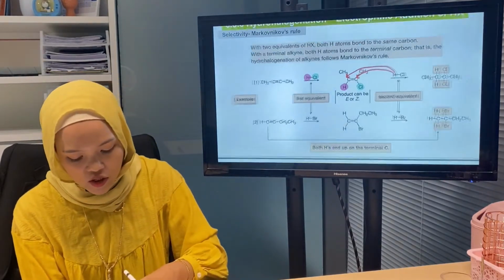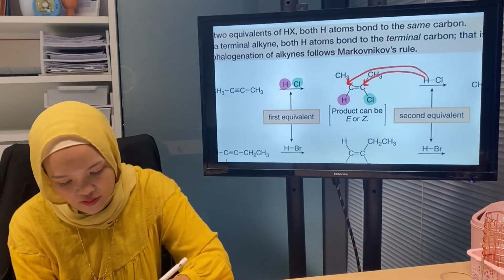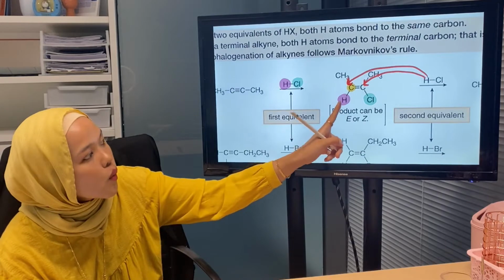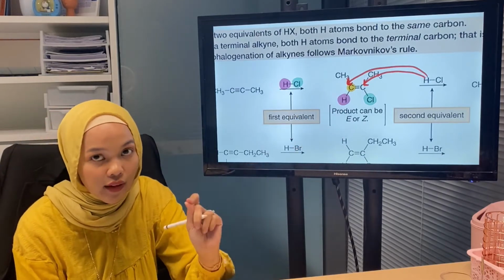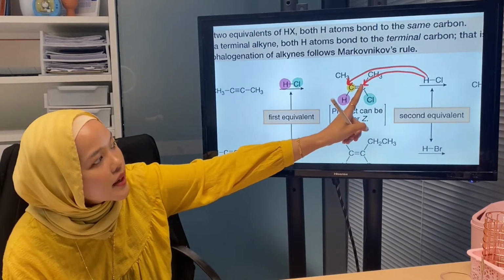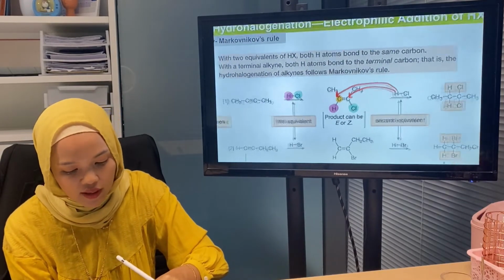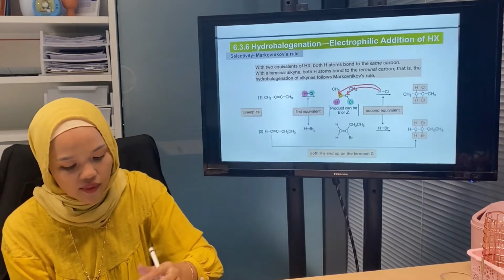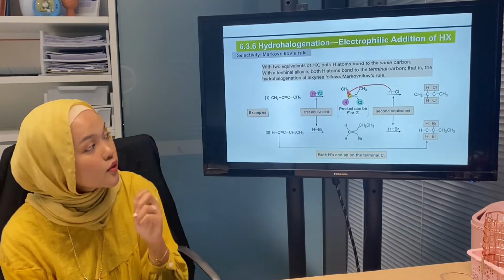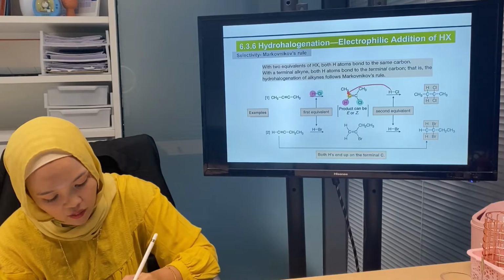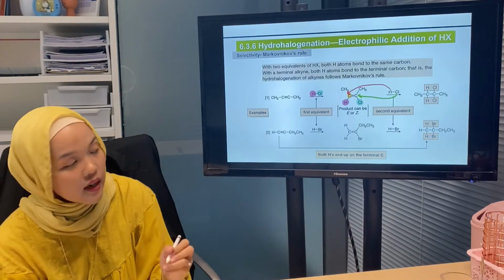Now you compare these 2 carbons. This carbon has 1 hydrogen attached directly to it. This carbon has 0 hydrogen attached directly to it. Therefore, the hydrogen will tend to be added to that carbon, so your Cl will be added to this carbon.